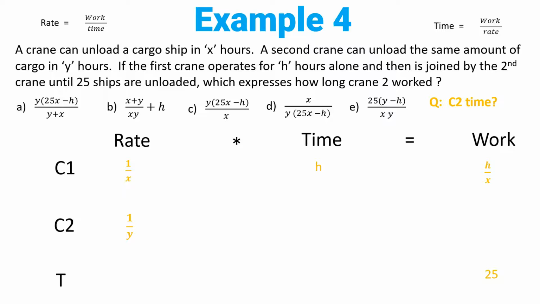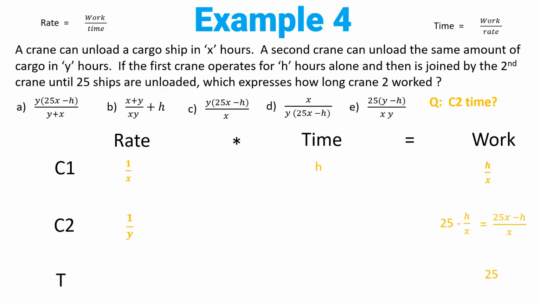So that means 25 minus crane 1's work must equal crane 2's work. So 25 minus H over X must be the amount of work that crane 2 did. If you do that algebra, that means crane 2 did (25X minus H) over X. Again, I have no idea what it means to do (25X minus H) over X amount of work, but we know for sure that that's how much crane 2 did because the framework just told us that.